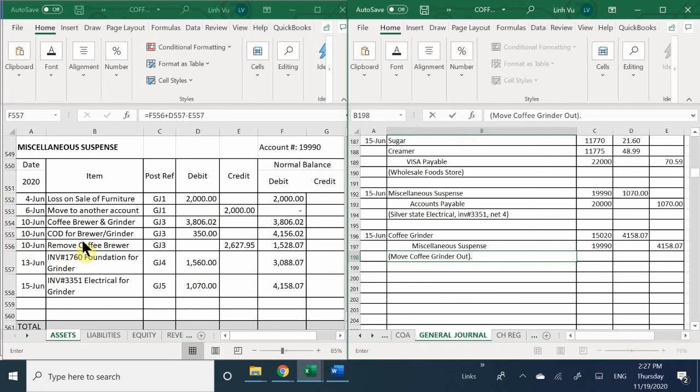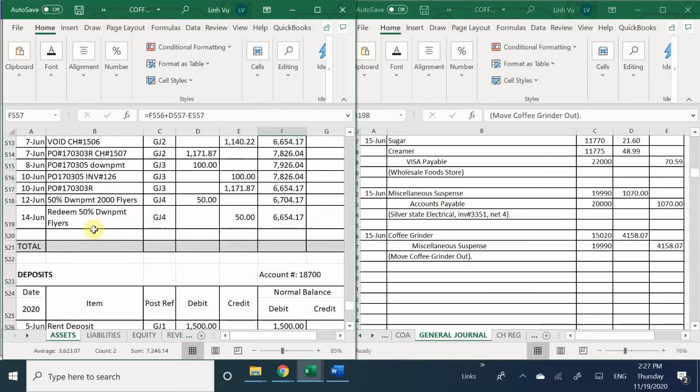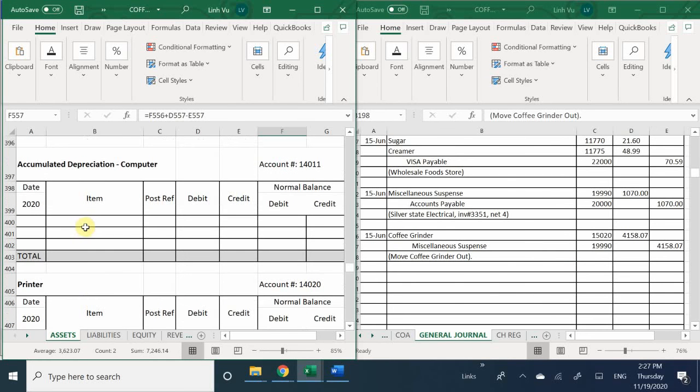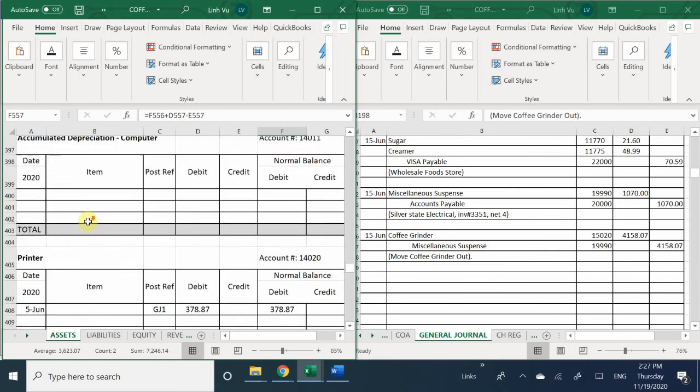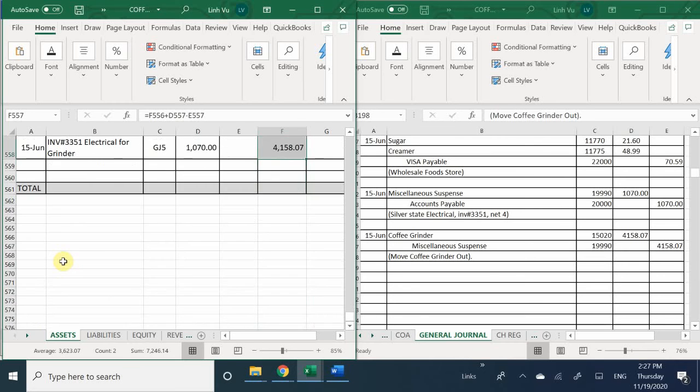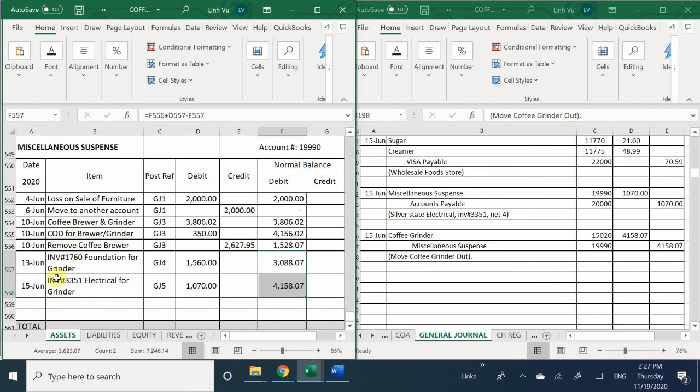So then we have to go back to the miscellaneous suspense and remove it. We do this date.